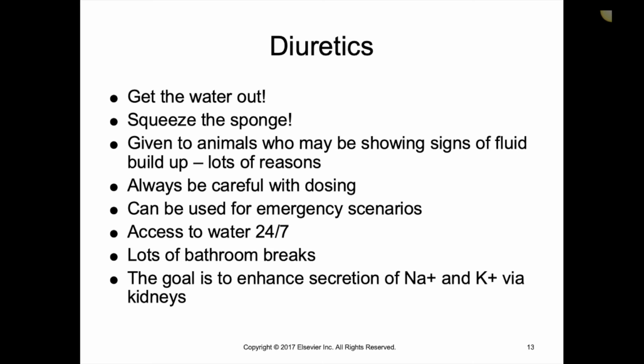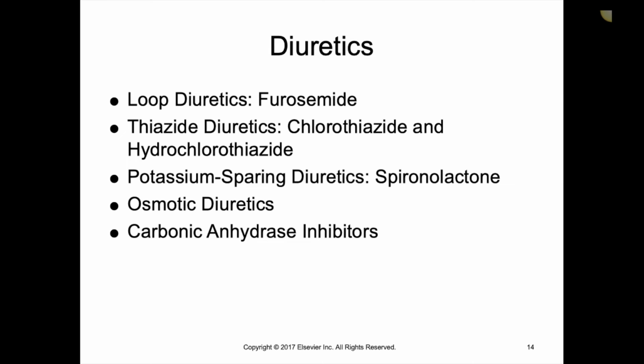The goal, just looking at the sodium and potassium, important to note, sodium and potassium will both retain water in the body. So the goal here is to enhance the secretion, so the release of sodium and potassium through the kidneys to help take that water with it. So we have different types of diuretics. We've got loop diuretics. The prime example, of course, is furosemide.